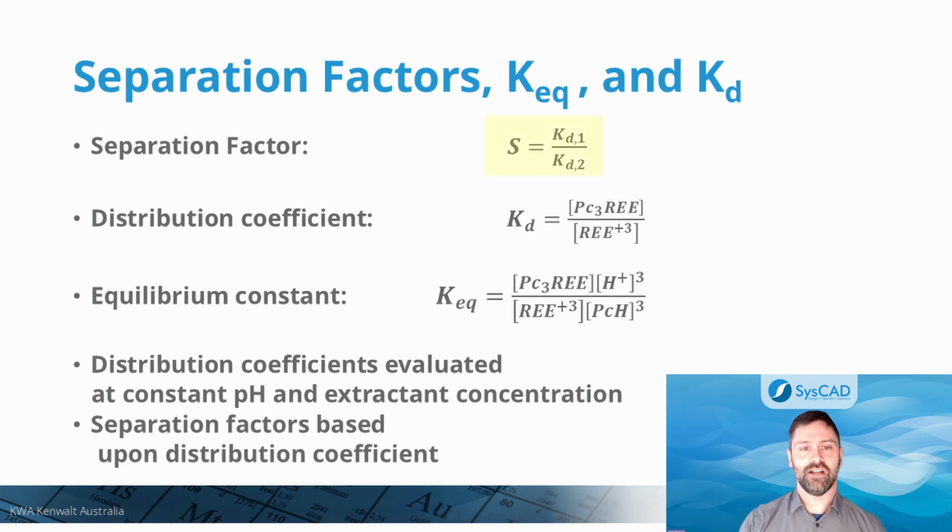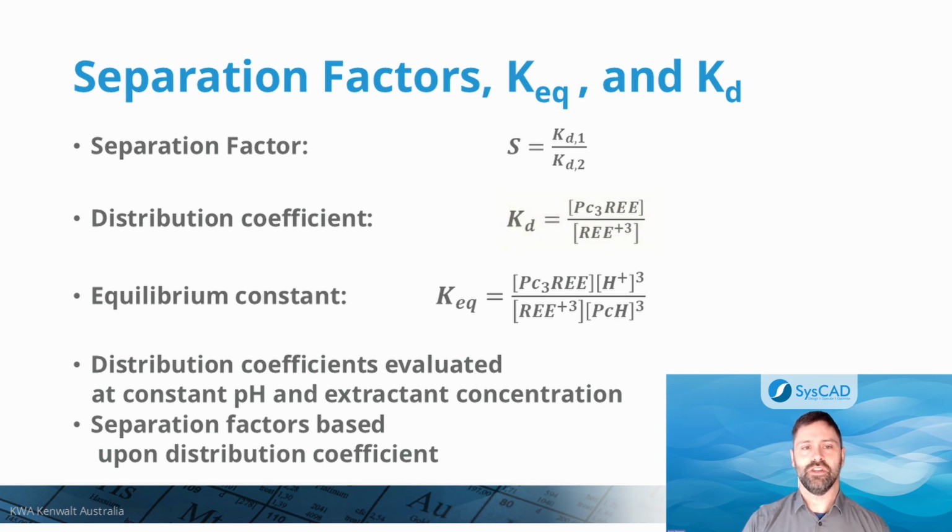A separation factor is the ratio of the distribution coefficient, K sub d, for 2 rare earth elements being compared. The distribution coefficient is the ratio of the amount of the rare earth that is extracted into the organic phase to that which is not extracted, measured at a fixed pH and extracted concentration.